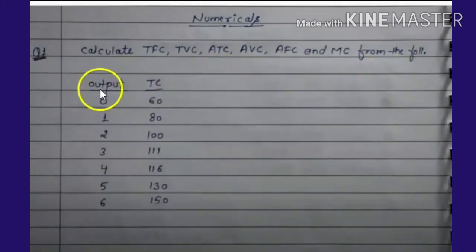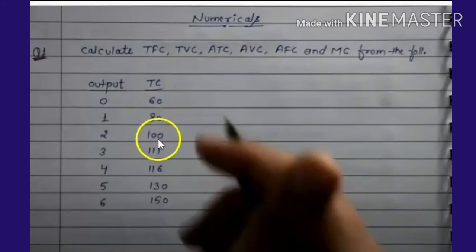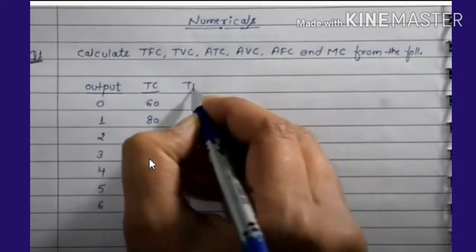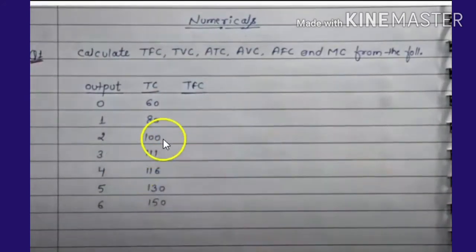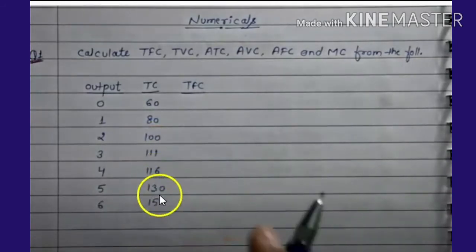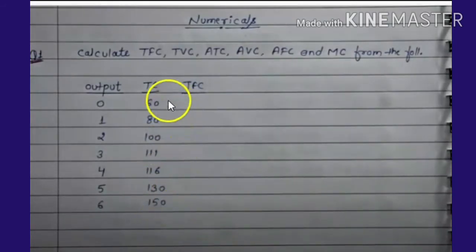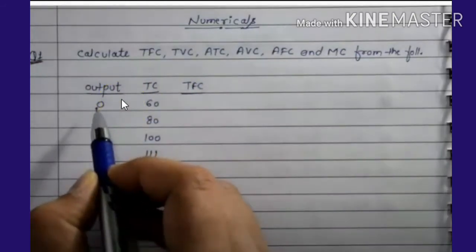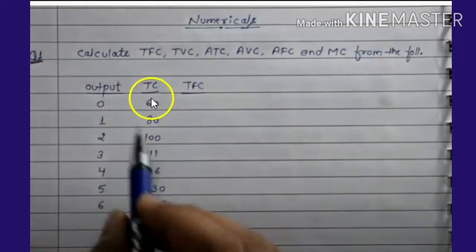Sometimes the question will already give output 0, 1, 2, 3, 4, 5, 6 and TC equal to 60, 80, 100, 111, 116, 130, 150. So as you know, TC at zero output will be 60, which is TFC. You know that TFC will always be constant, right?